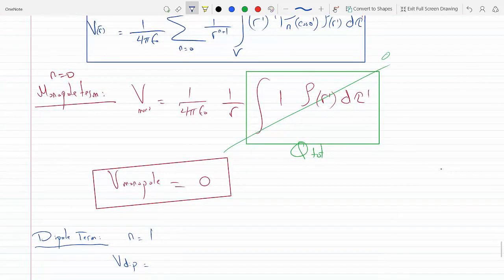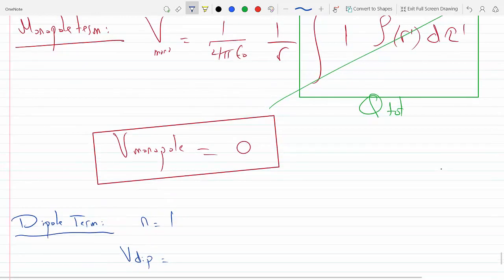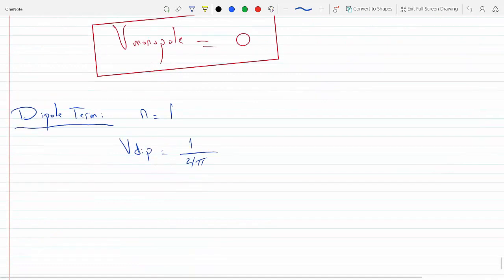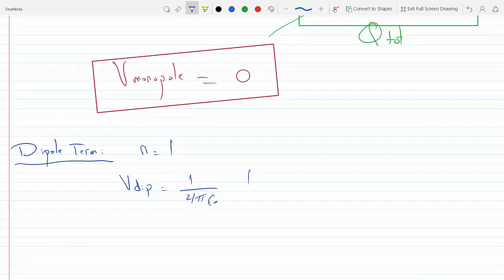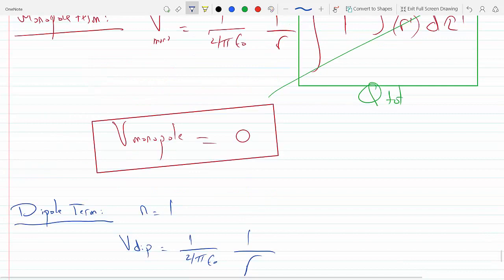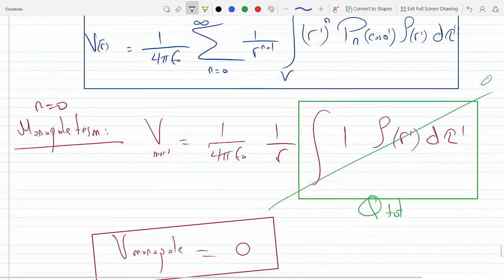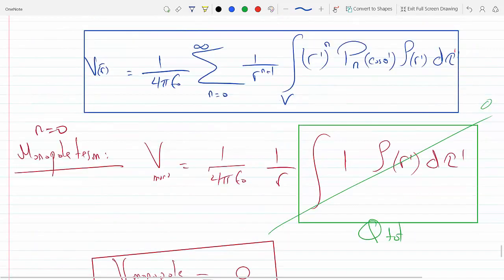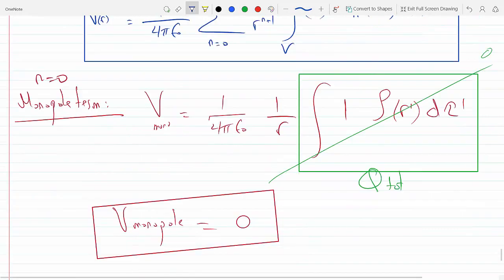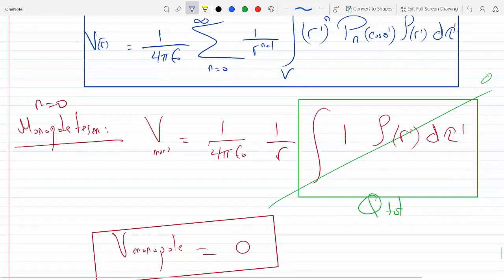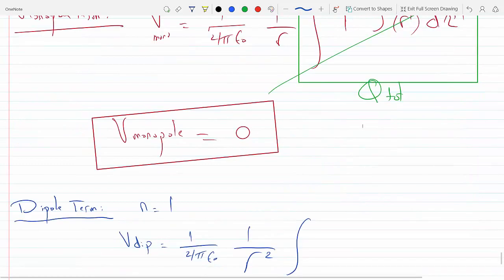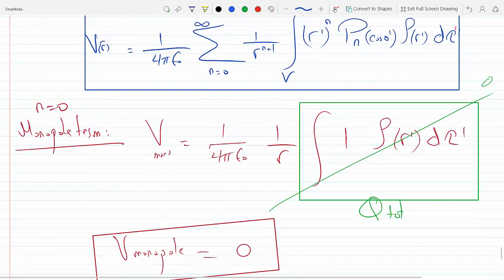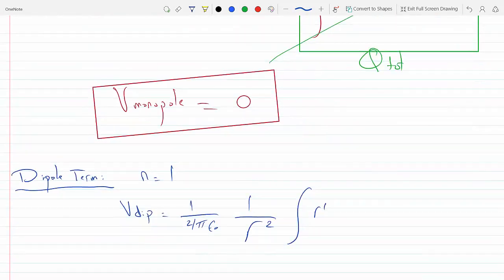This is 1 over 4 pi epsilon, 1 over r squared, because n is 1, and then we have the integral of r prime to the 1, and we've got P_n cosine theta prime, for n equals 1.